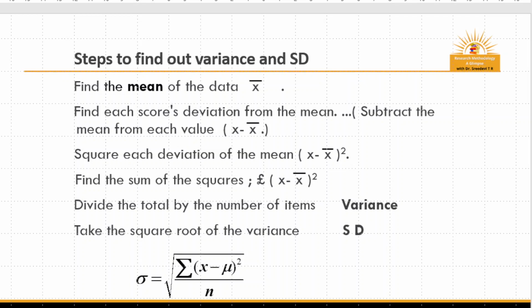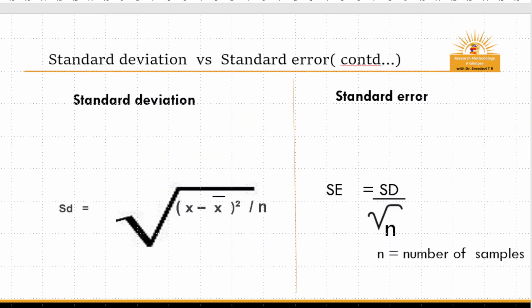Divide the total by the number of items, that is variance, sigma x minus x bar whole squared by n. Take the square root of the variance, that is SD, standard deviation equals root of sigma x minus x bar whole squared by n. Again, the standard deviation formula is root of sigma x minus x bar whole squared by n.